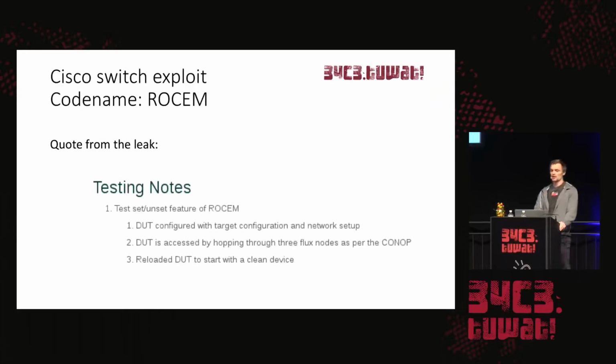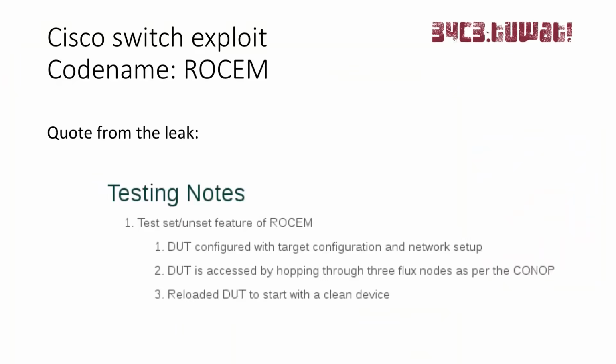So except for the advisory, you could go to WikiLeaks and read about this potential exploitation technique for Cisco Catalyst. These were notes of an engineer who was testing the actual exploit. There was no actual exploit in the leak.